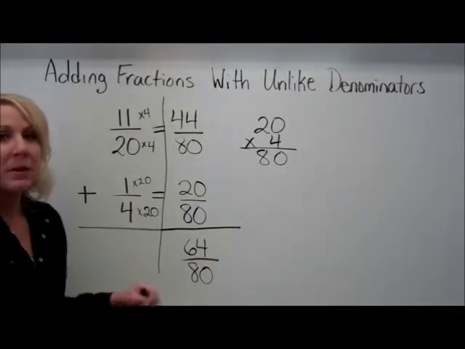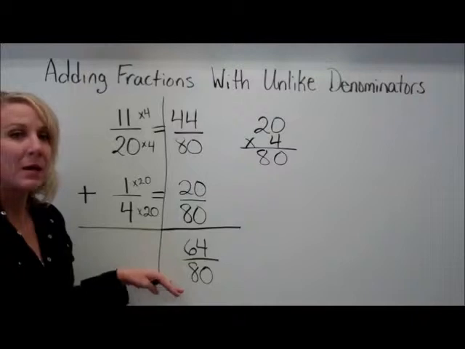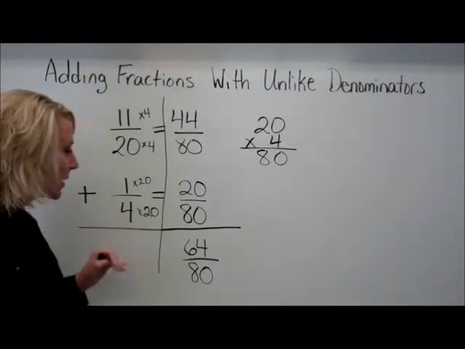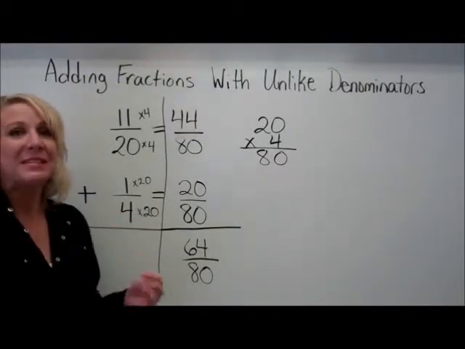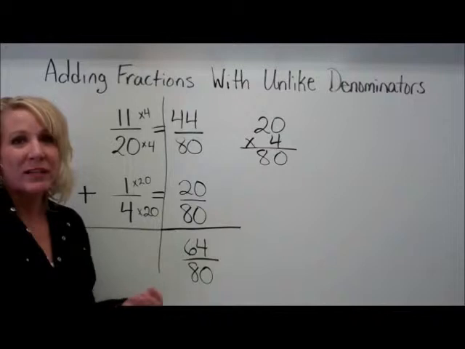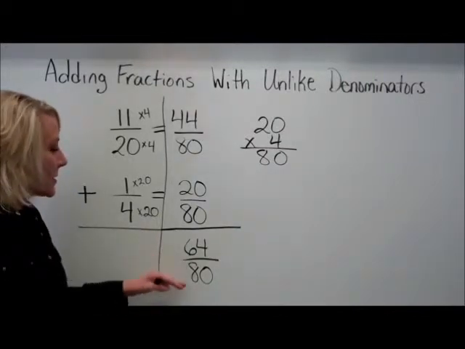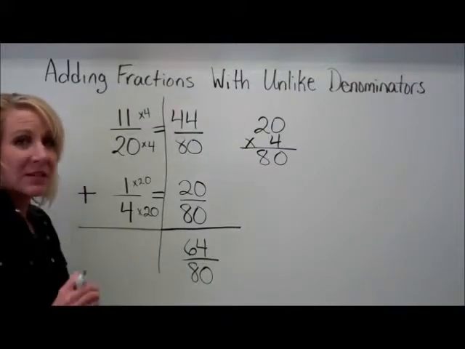The final step on this sort of problem is we need to reduce our answer. We need to make our answer into lowest terms or simplest form. And we do that through division. It may take you a few steps to figure out what to divide by to reduce this fraction, and that's okay. One of the things that you will see right away is that both numbers are even, so you can always start by dividing by 2.